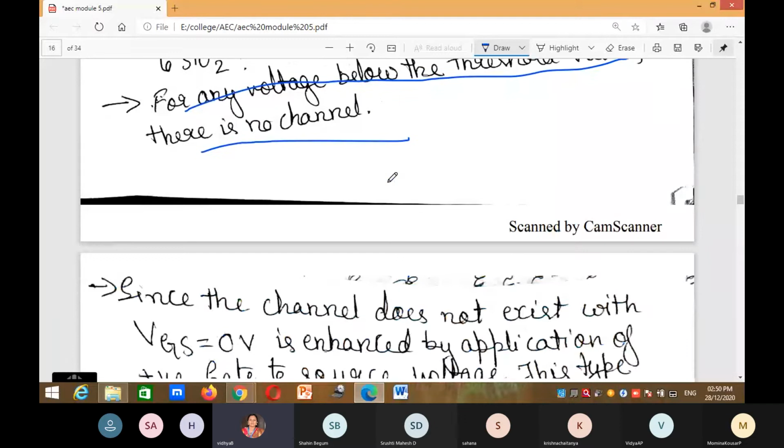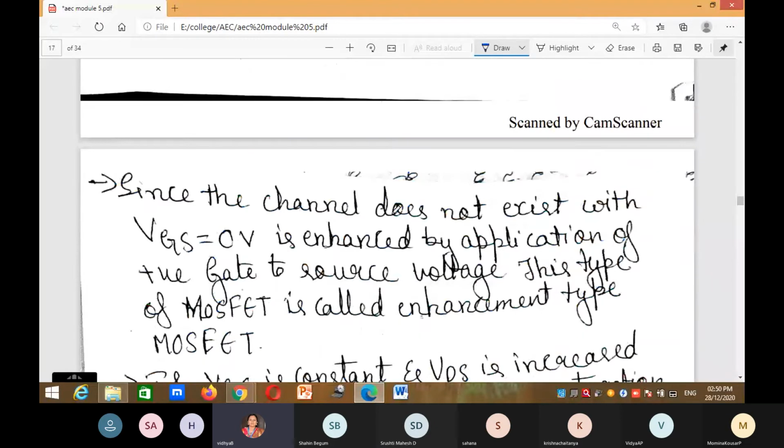If a channel does not exist with VGS equal to 0, and it is enhanced by application of a positive gate to source voltage, this type of MOSFET is called an enhancement type MOSFET.